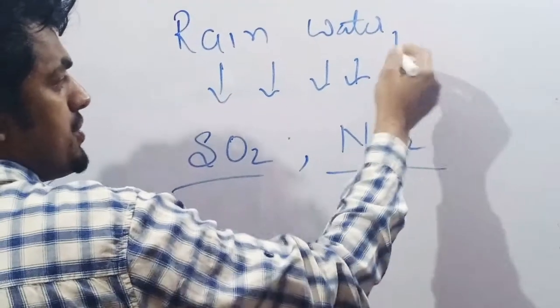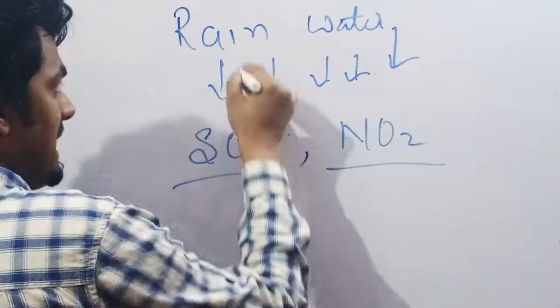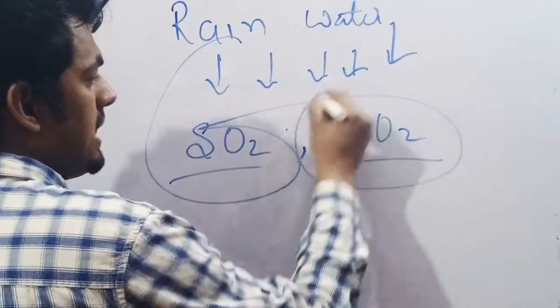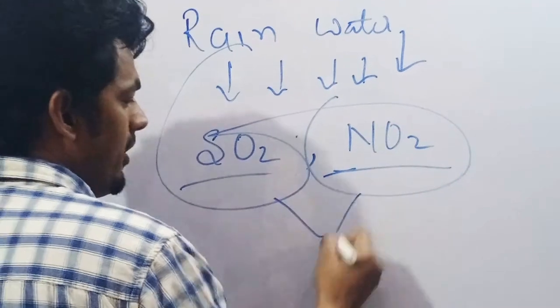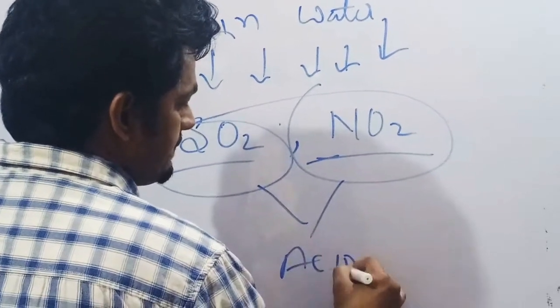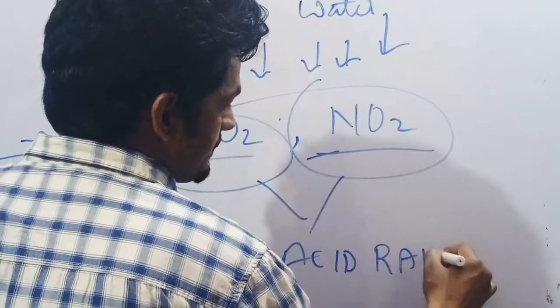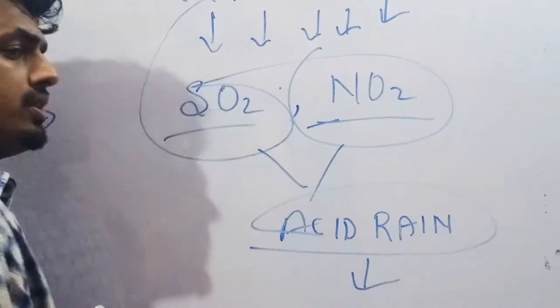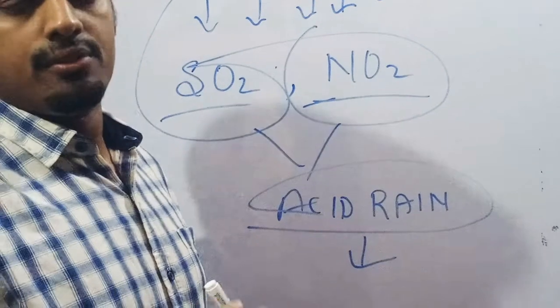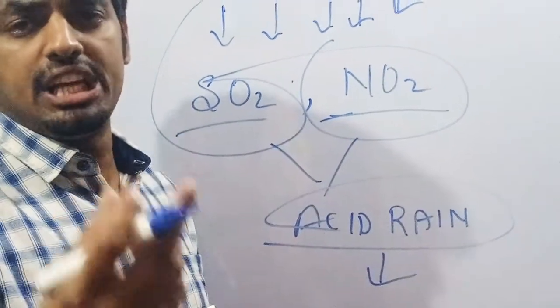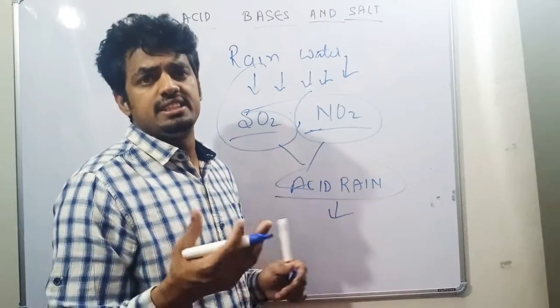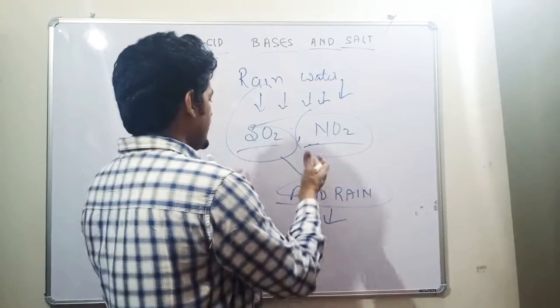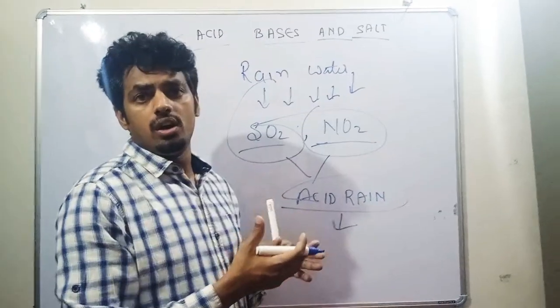Whenever that rain falls on the ground, the water dissolves these gases and forms acid rain. And this acid rain destroys crops, fertility of the soil, statues, monuments, etc. That is very harmful for our skin also.